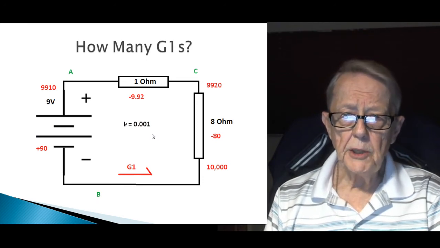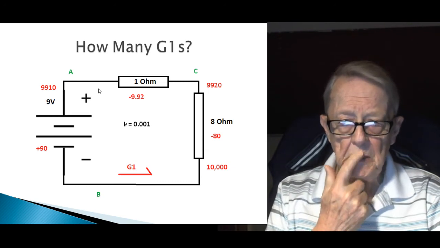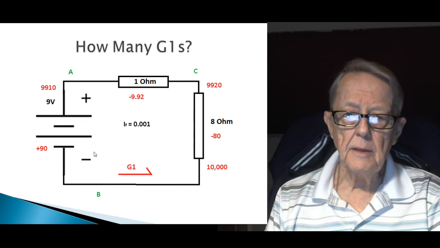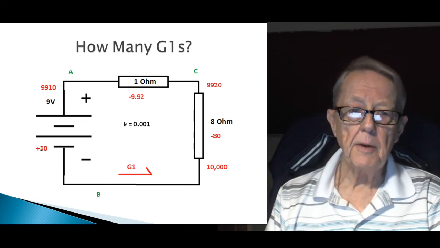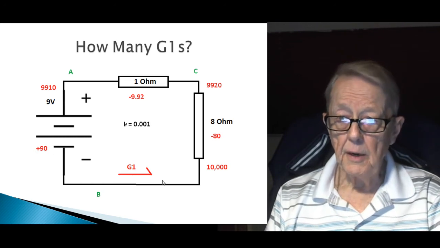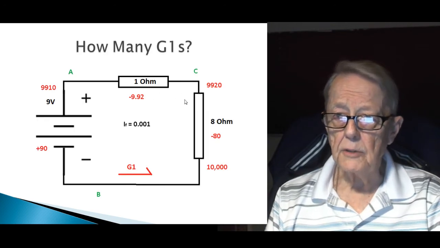So how many G1s do we have? This is now when the circuit reaches stability and your isof is 0.001, which is an assumption on my part, 90 G1s, I'm making an assumption there. But what it says is you're going to have 10,000 coming in here and 920 here.